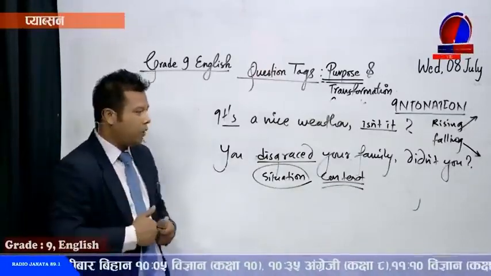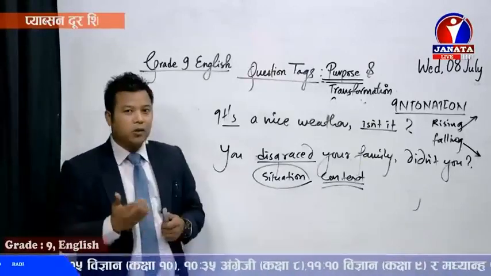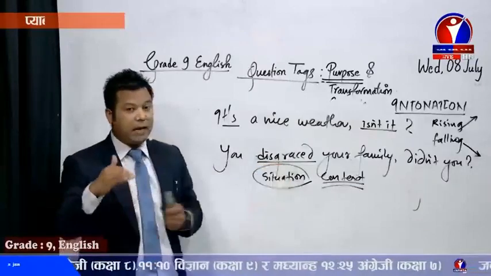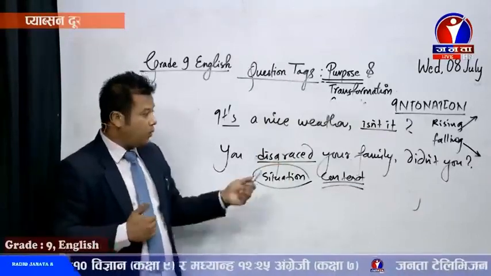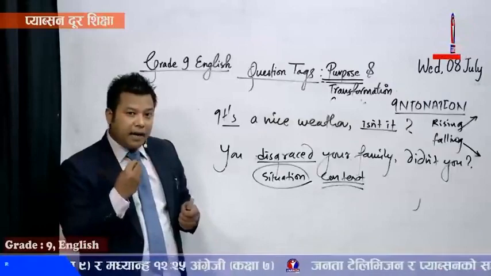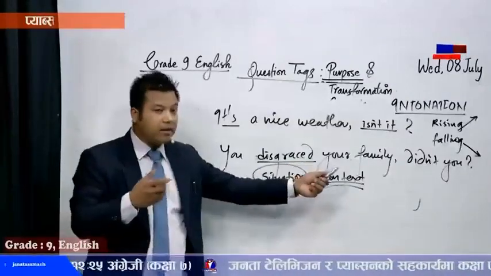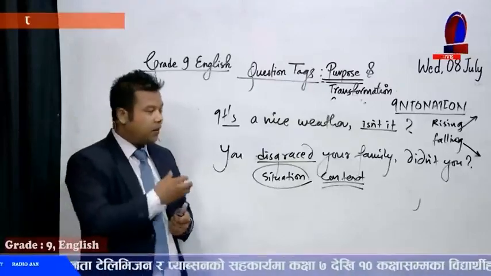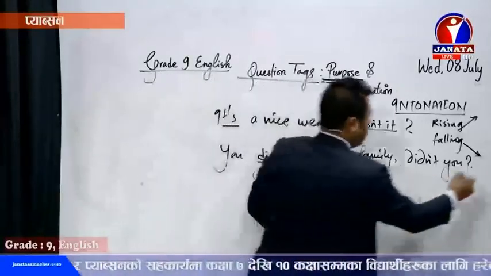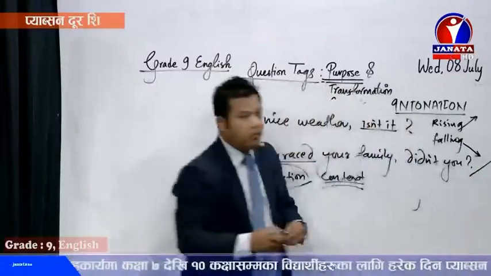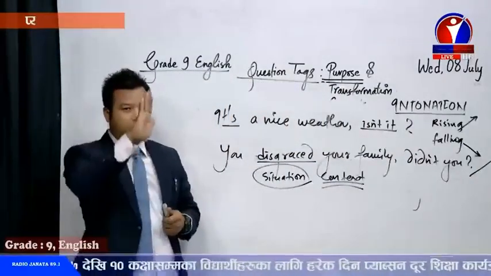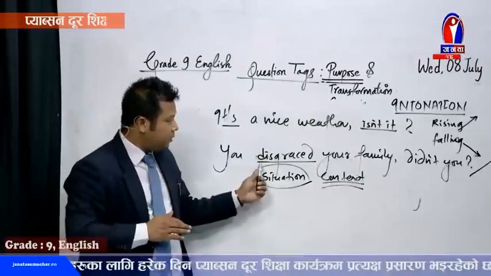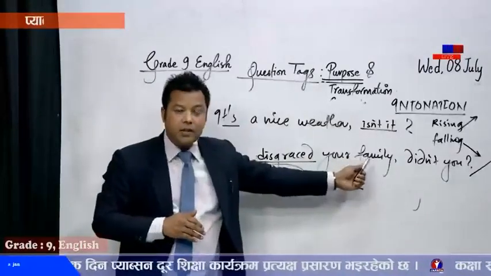In that particular situation, I am not so certain that my friend disgraced his family reputation. So what can I do? I'm using this tag to clear the confusion. If I have a doubt over this particular thing, I would prefer him to answer me, and therefore I would prefer to use a little rising tone. So the intonation will rise. I will say, you disgraced your family, didn't you?